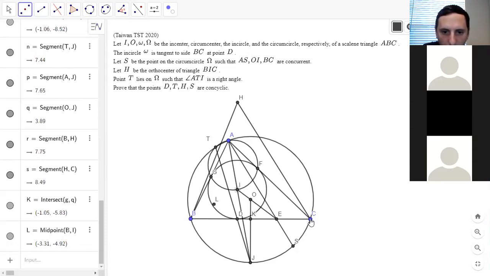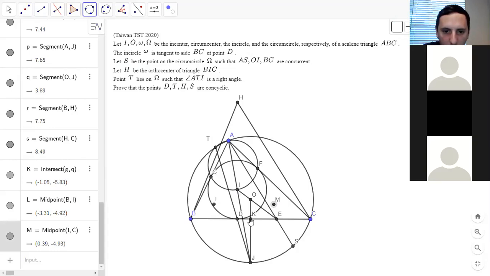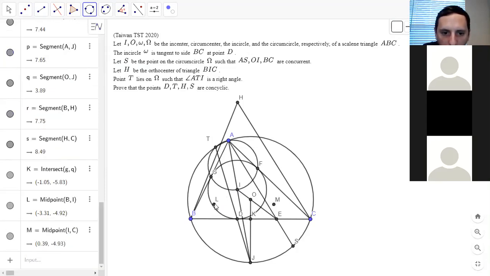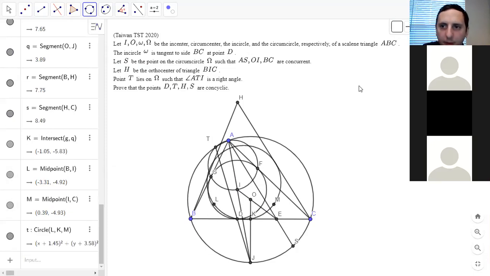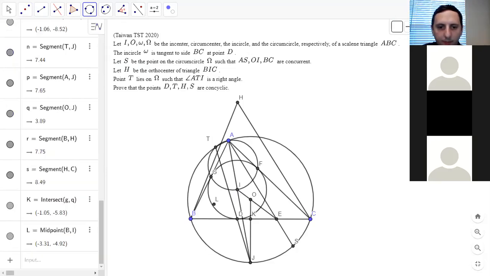So that's the circumcircle KLM. So yeah, it must not be that circle, but maybe something else.